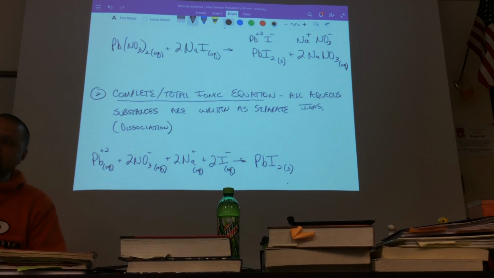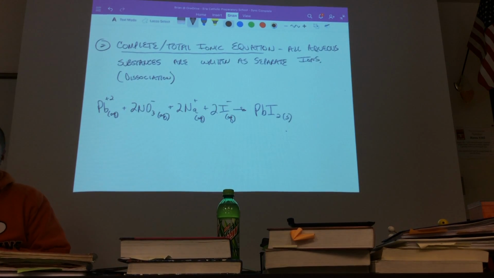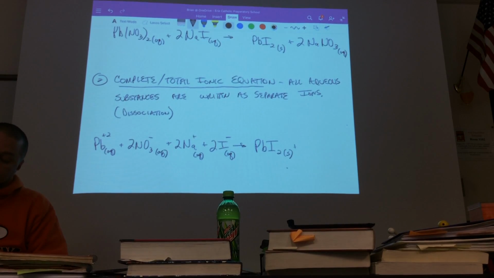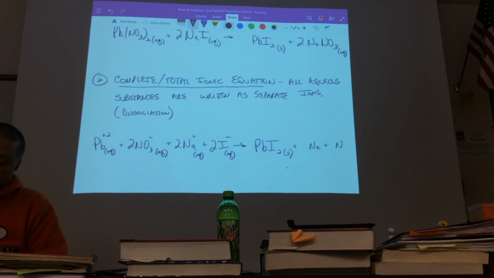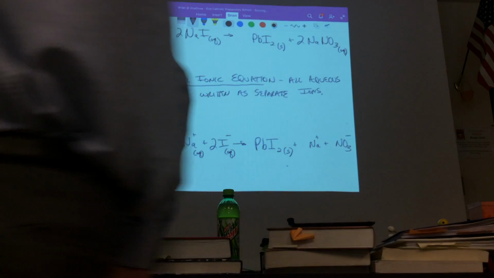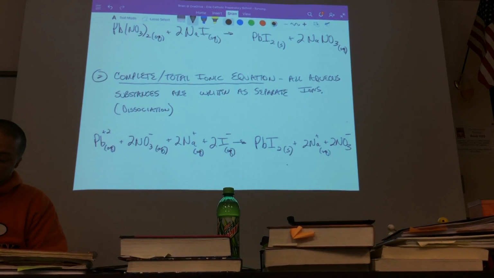I got sidetracked. I thought about the charges. Okay. And then the only other thing I got to separate is NaNO3. So I have Na's and NO3's. Na's are plus, NO3's are minus. I've got 2 of each, and they're both aqueous.